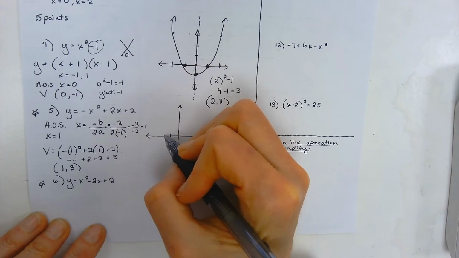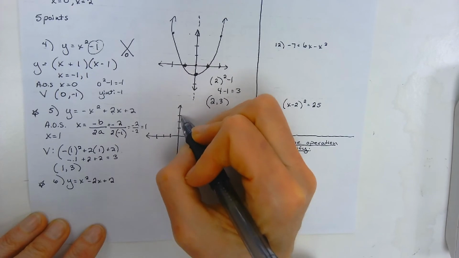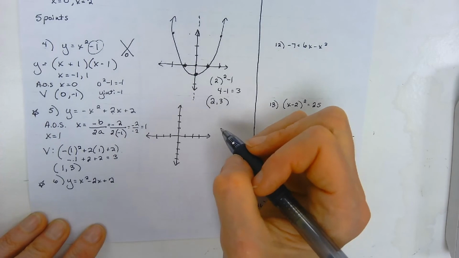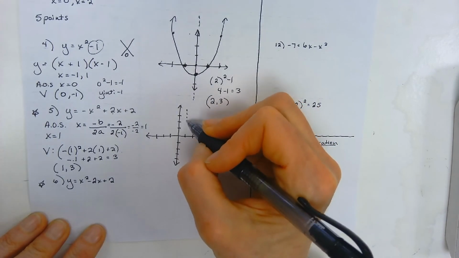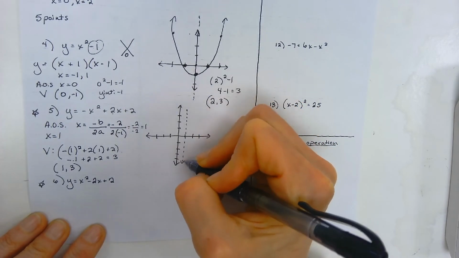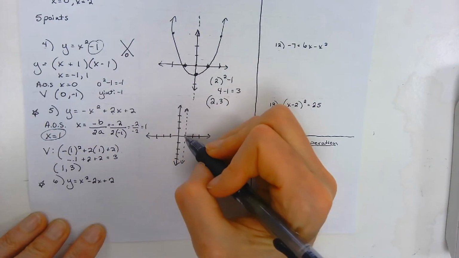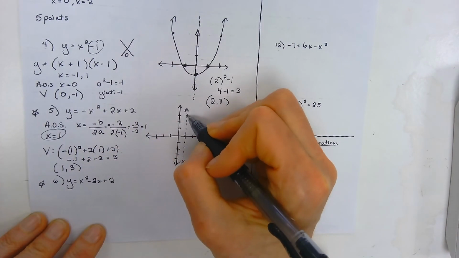Oh, I better start putting these on my graph. The axis of symmetry is at x equals 1, right there. The vertex is at (1, 3).